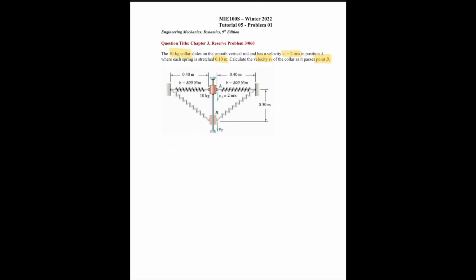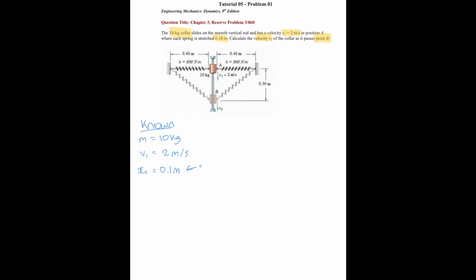Okay, so as usual, we'll first list our known variables. We've got the mass is 10 kilograms. V1 is 2 meters per second. The extension of the spring is 0.1 meters.